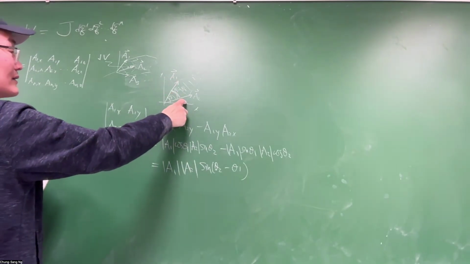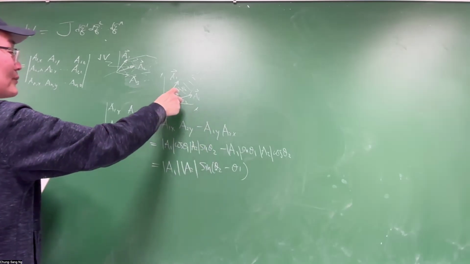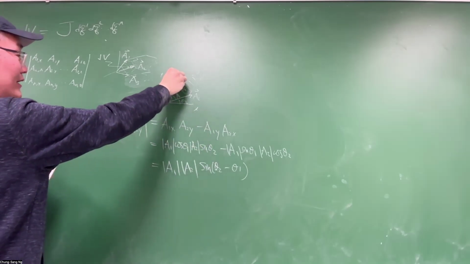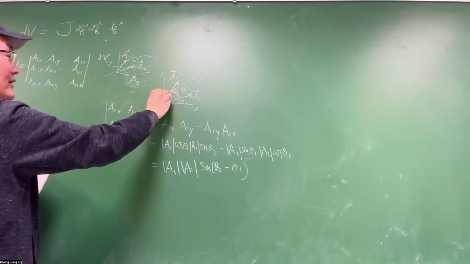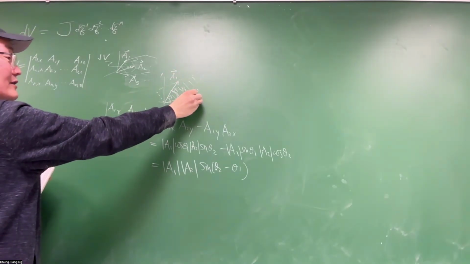And then you can say it's the projection of the A1 vector, A1 sine, is the length perpendicular to A sub 2, right?